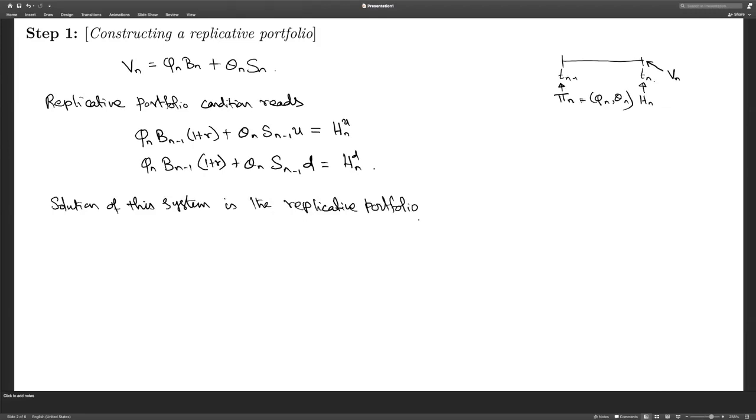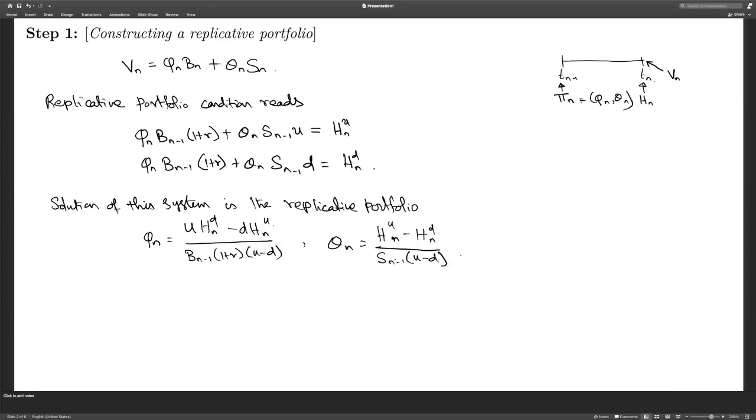And the solution of this system is precisely our replicating portfolio, given by phi_n equal to (u Hn^d minus d Hn^u) divided by B_{n-1}(1 + r)(u minus d), and theta_n is (Hn^u minus Hn^d) divided by S_{n-1}(u minus d).